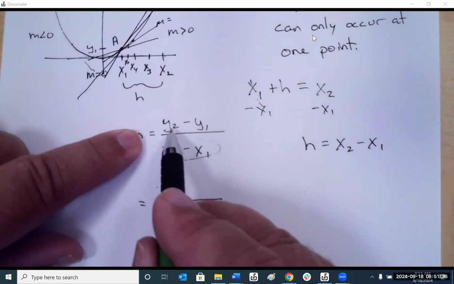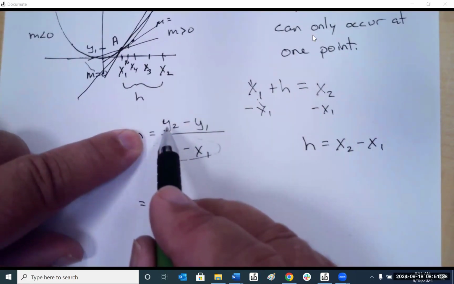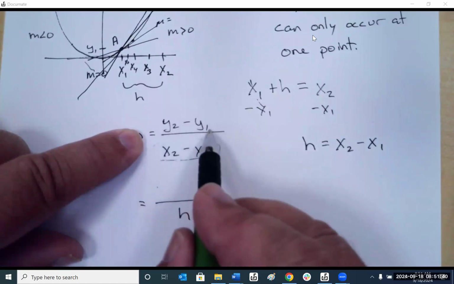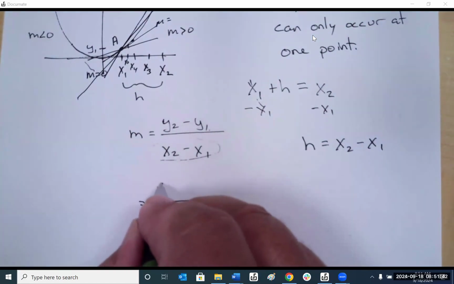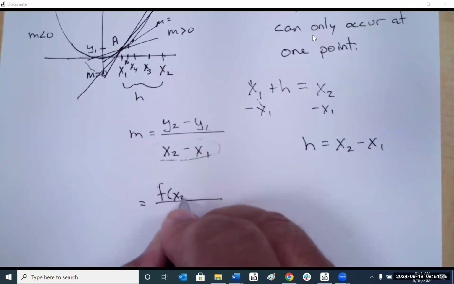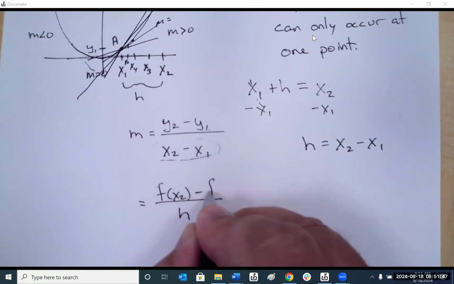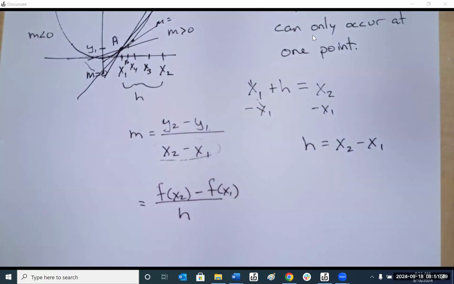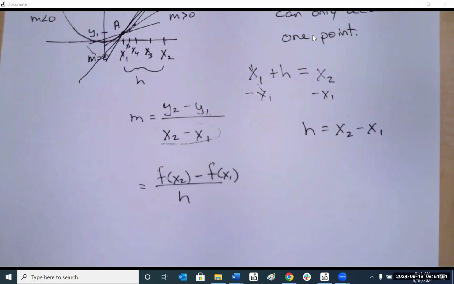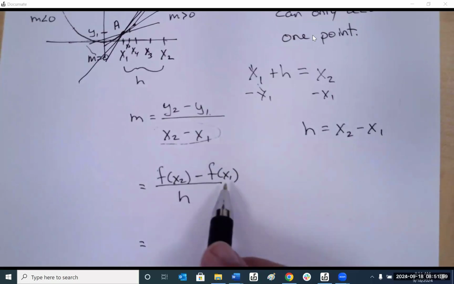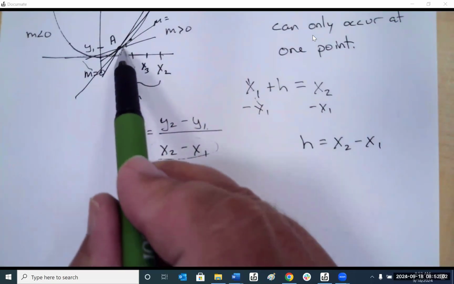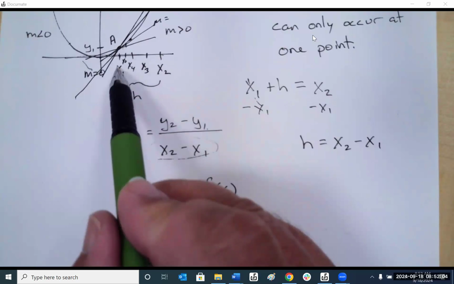But now how does that change these? Well, this one is f of x2 minus f of x1. Because remember, what we're trying to get to is the slope of the curve at x1.